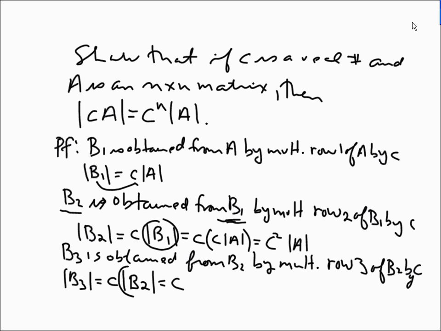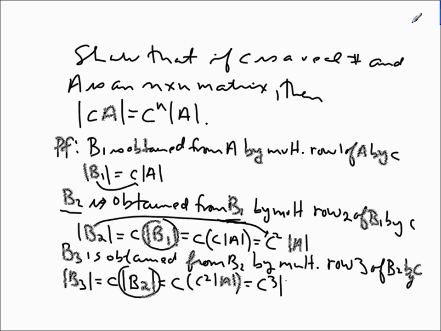But the determinant of B2 is C squared times the determinant of A, so C times C squared is C cubed times the determinant of A.